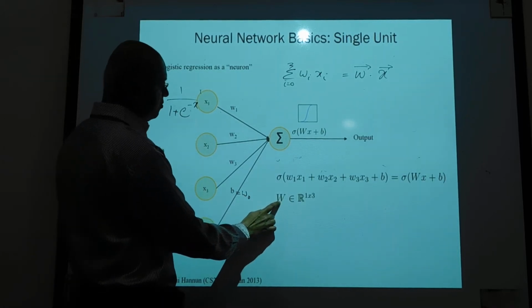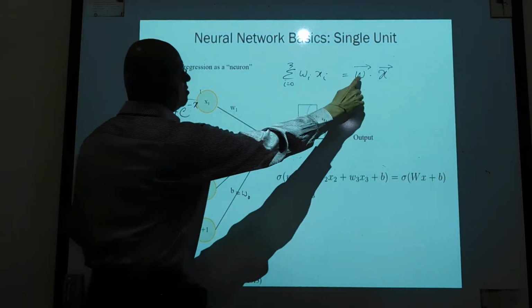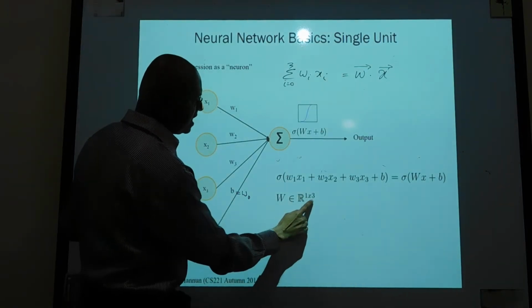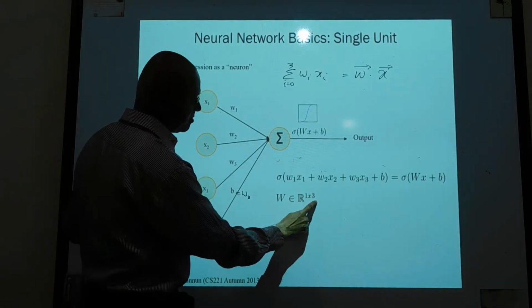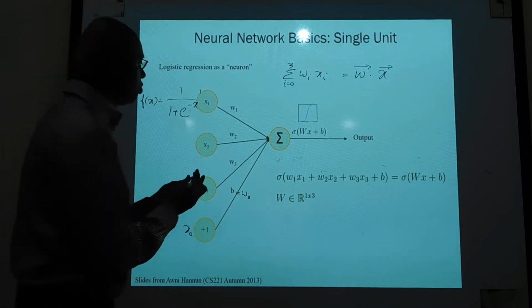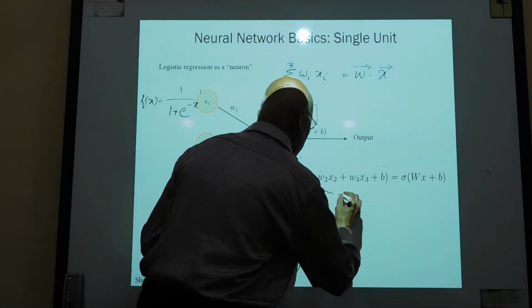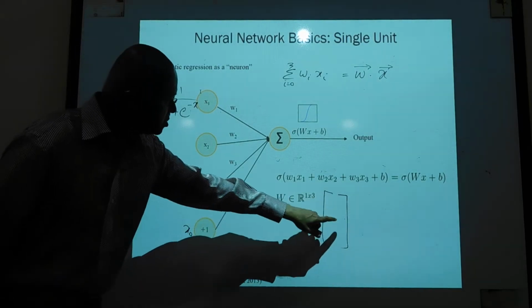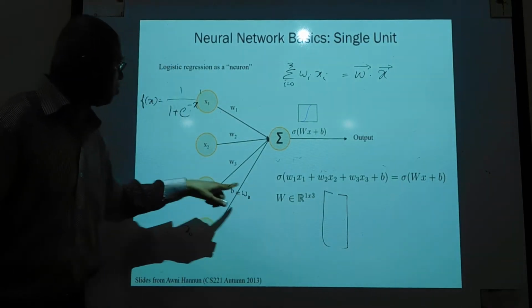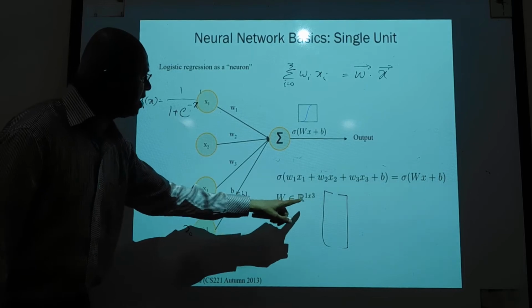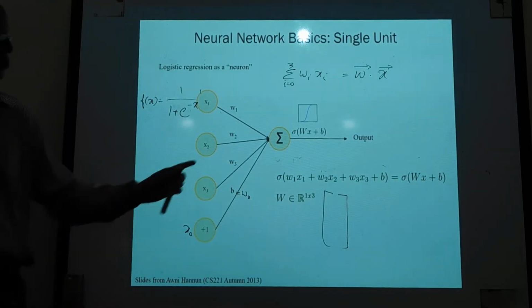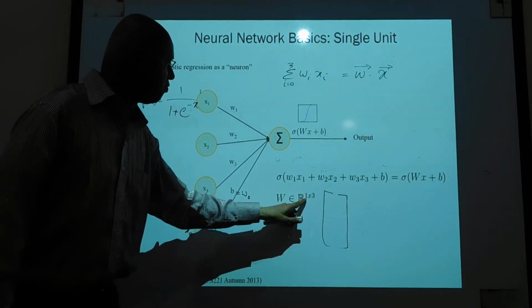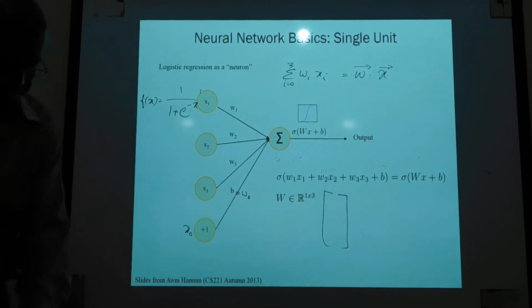As you see, the vector w, which I wrote here, is a three-dimensional vector. A three-dimensional vector can also be written as a column matrix with three rows, w1, w2, w3, w0 also if you wish, and one column. Okay, so it's a matrix of 3 rows and 1 column.